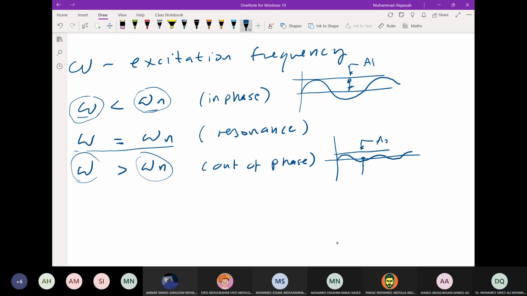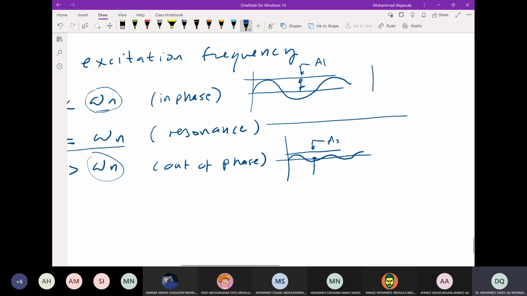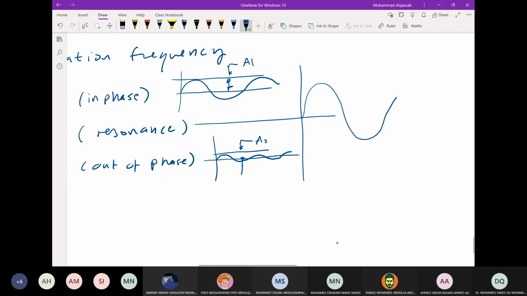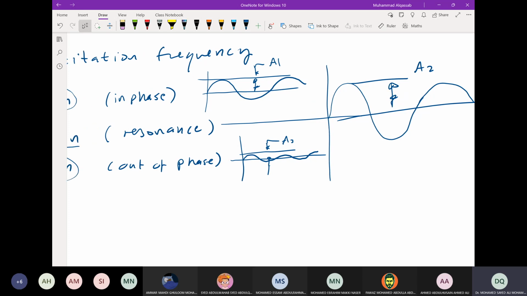And when it oscillates at resonance, its amplitude is going to be very high. That's what is called resonance, because the amplitude is going to be the largest at or near resonance. So reaching the peak is called resonance, and in vibration it means we have large amplitude.